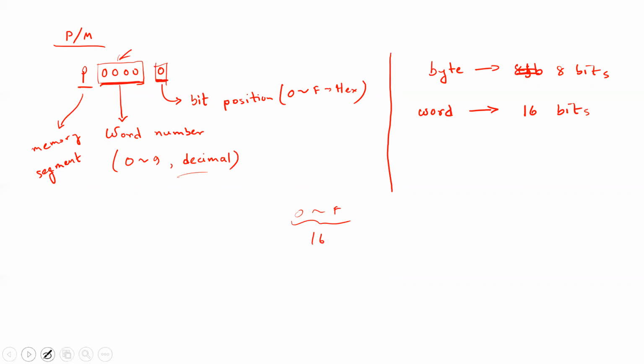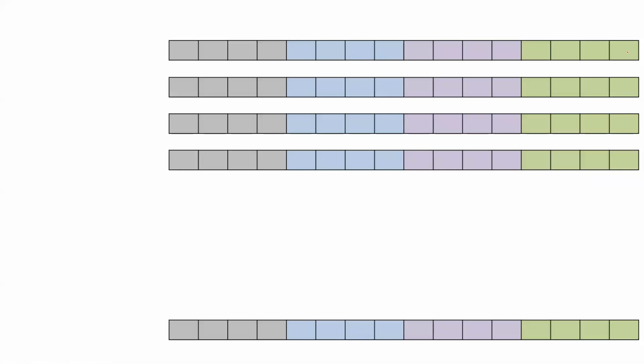So for example, let's say there are 16 bits available to us. Let us consider the first one. Let's say this is the 0th word. If this is the 0th word, which is containing 16 bit, we have to write like this. And if we want to indicate a specific bit among these 16 bits, we have to write the corresponding hexadecimal number.